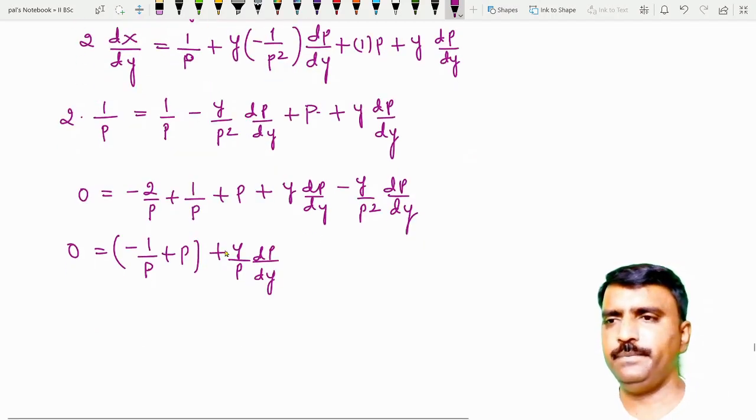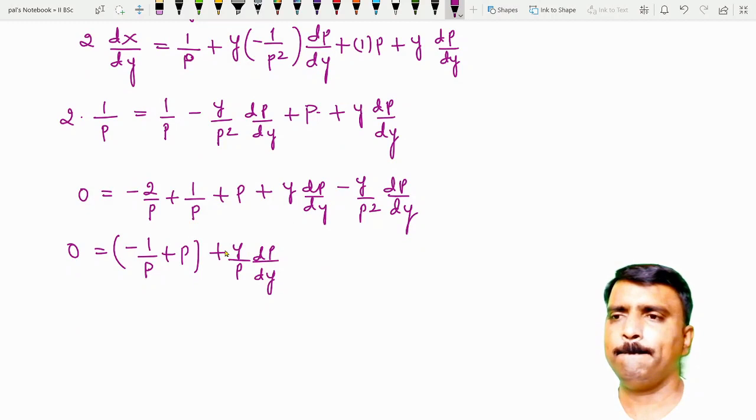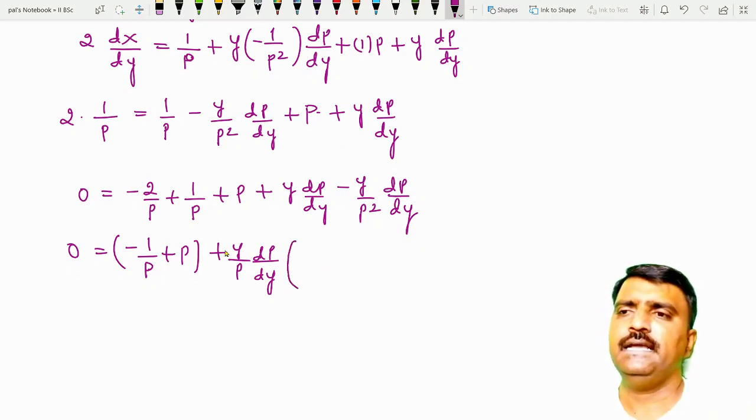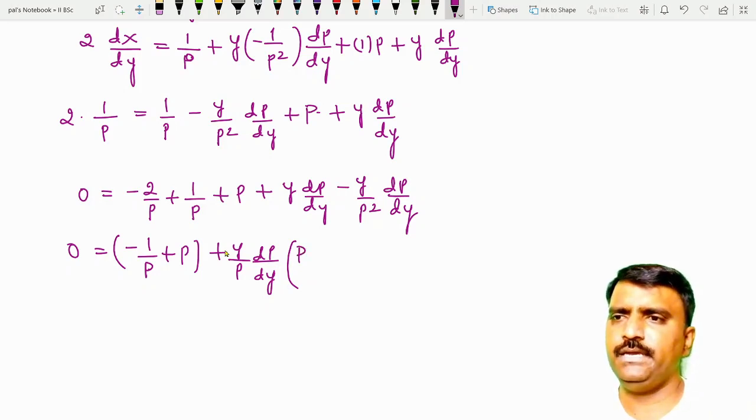So y by p into dp by dy as a common factor; then remaining here is actually p, but since in the denominator I have taken a p as common factor, I have to put a p in the numerator. So you take p here, p minus, if I am taking y by p as a common factor, remaining is 1 by p here, and dp by dy also comes outside.